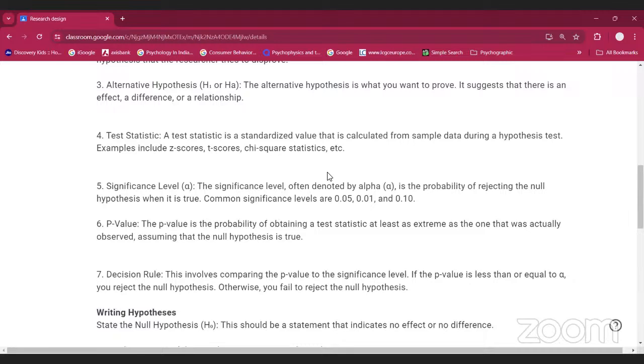Next. Sir, here Z-score means the previous day we learned Z-score, T-score. Z-score is the standard score. Z-score means standard score: score minus mean divided by the standard deviation. That is the Z-score. And based upon the Z-score, we can reach the T-score.